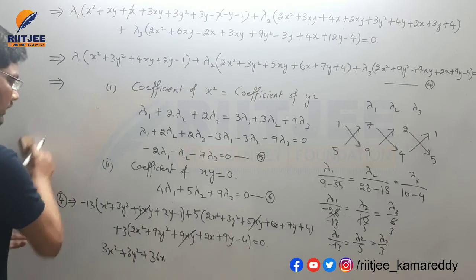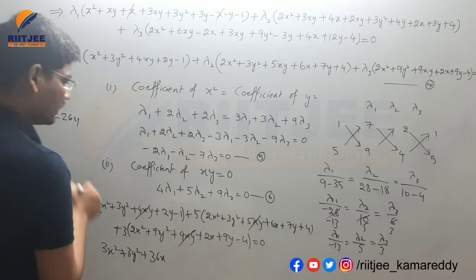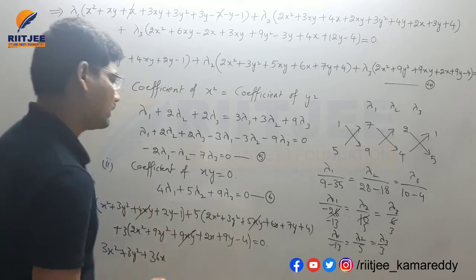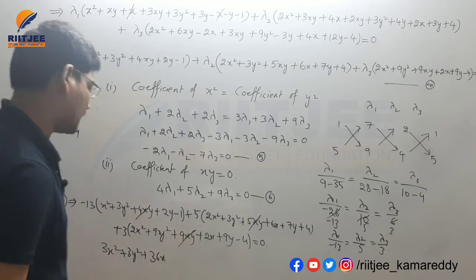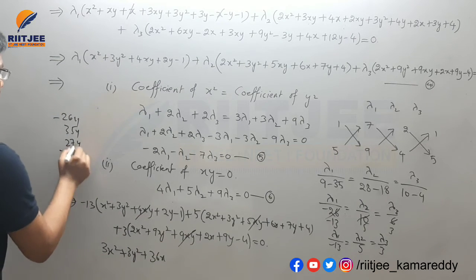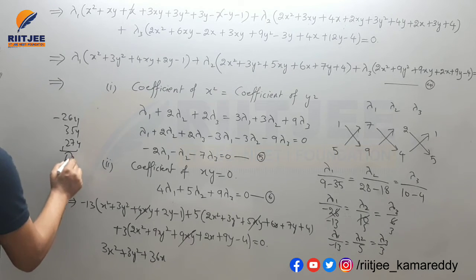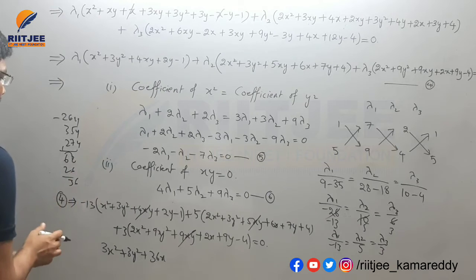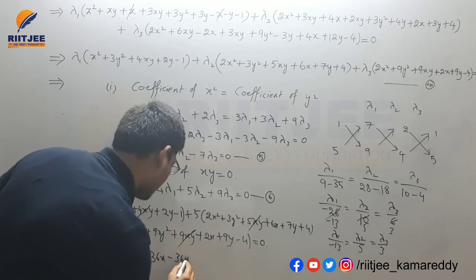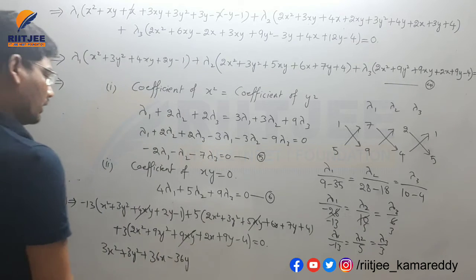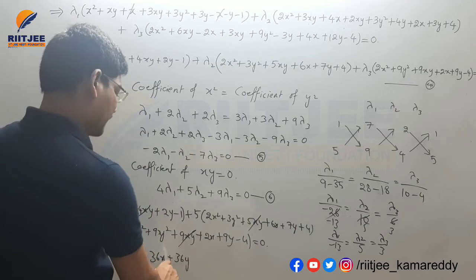Next, the final one, 13 twos are 26y and 5 sevens are 35y, next 3 nines are 27y, so 36y here.